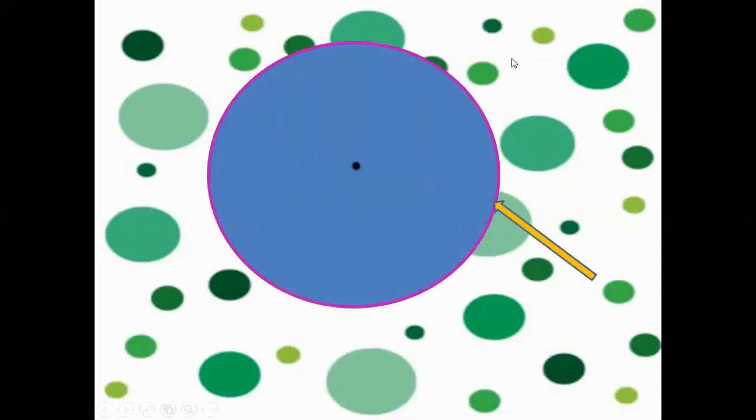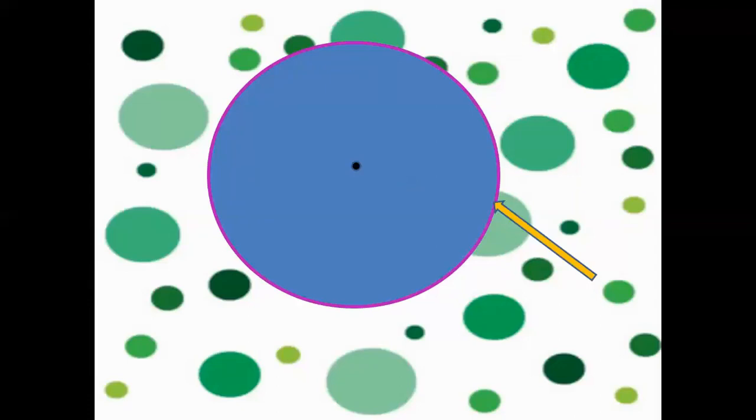Okay, what part of the circle is this arrow pointing to? The topic is circles, an introduction to circles.